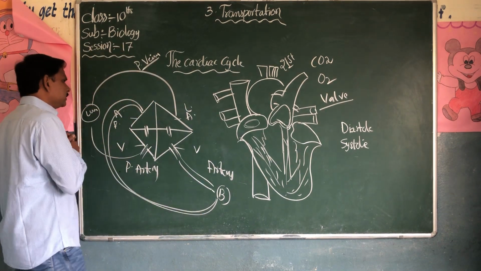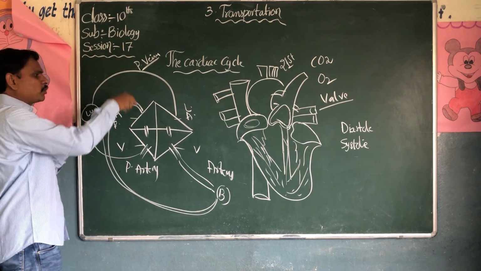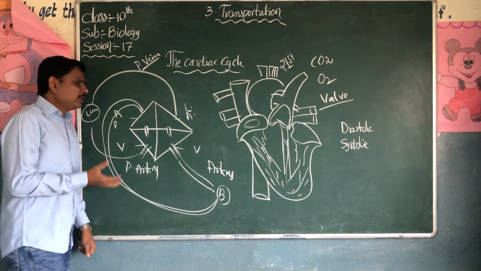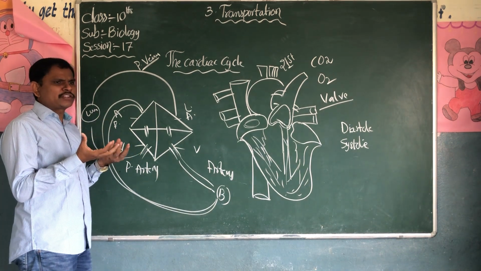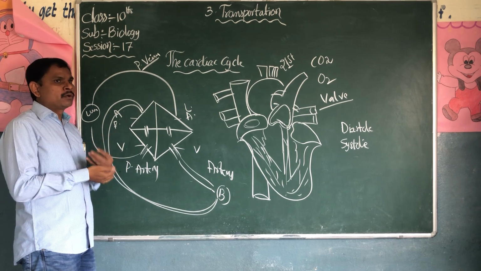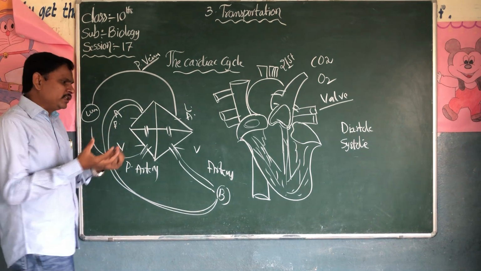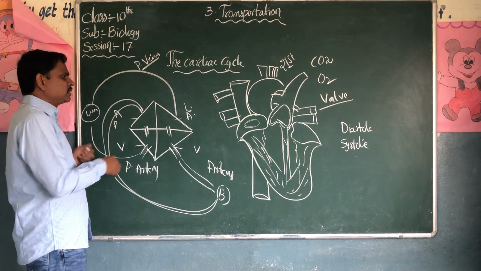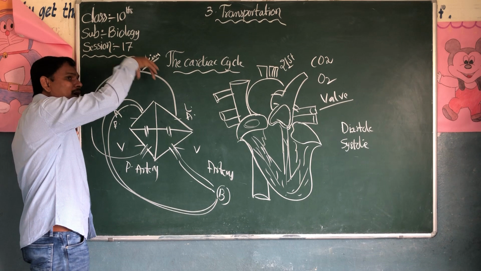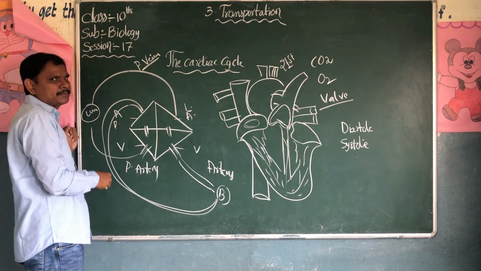So these two blood vessels are transporting the blood into the heart. Now, when these four chambers are in relaxation state, in the diastole phase, what happens? When they are in the relaxation stage, these two blood vessels carry the blood into the heart.